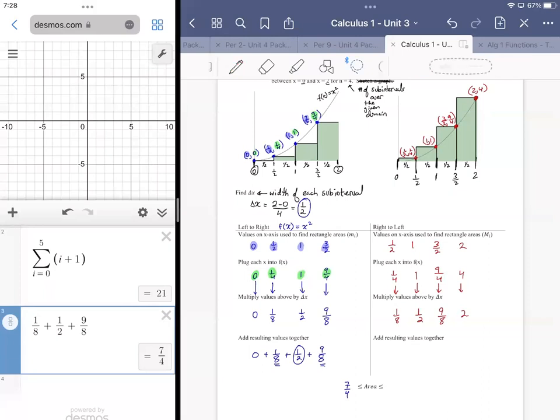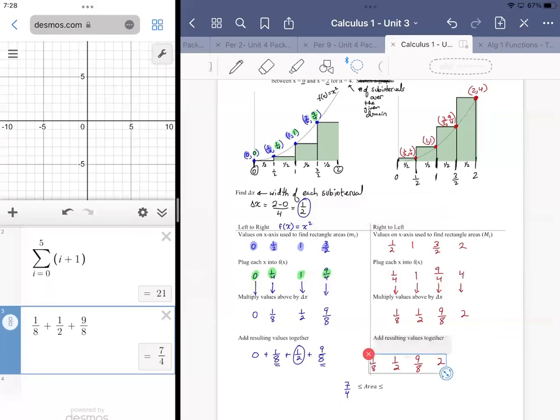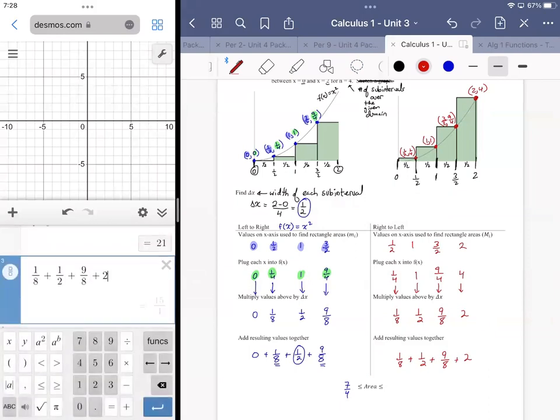So then I would just add these up. Fortunately, the computation here is very similar to the previous one. All I've got to do is add another 2 on at the end, and I get 15/4.